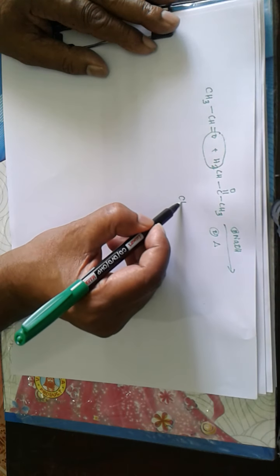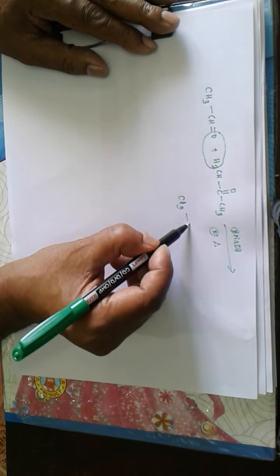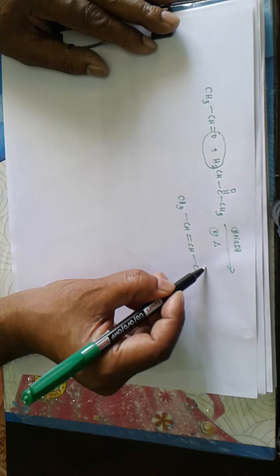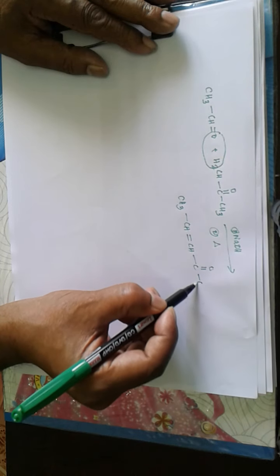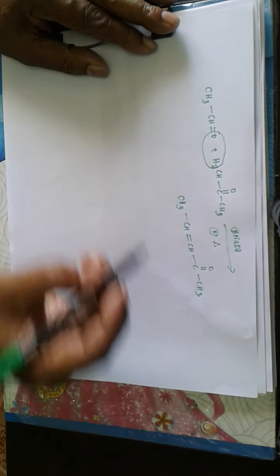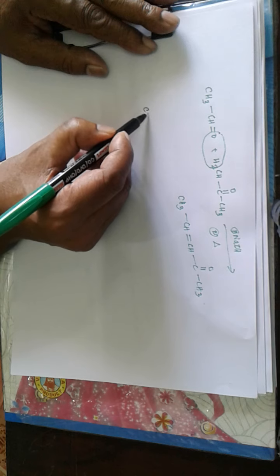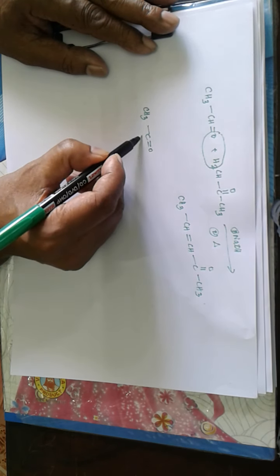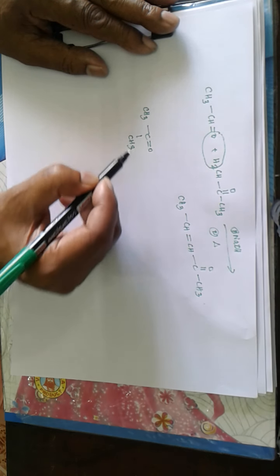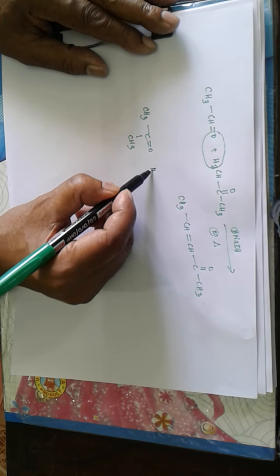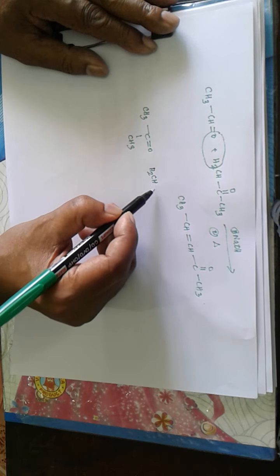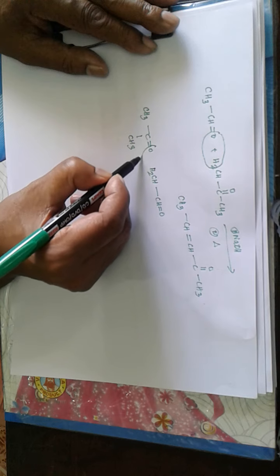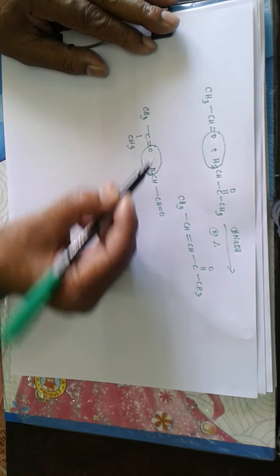We get CH3, CH double bond CH, CO, CH3, then a second product, that is CH3, CO, CH3, and H2, CH single bond CH double bond O, so that water is removed like this.